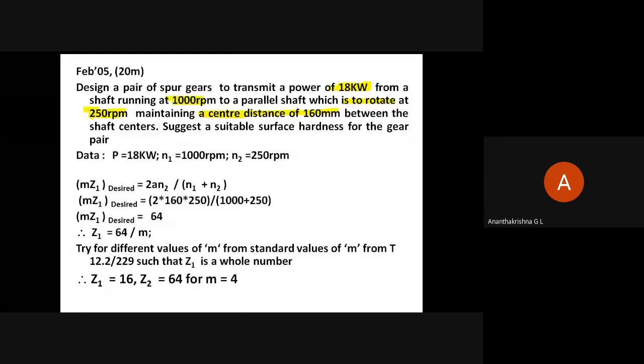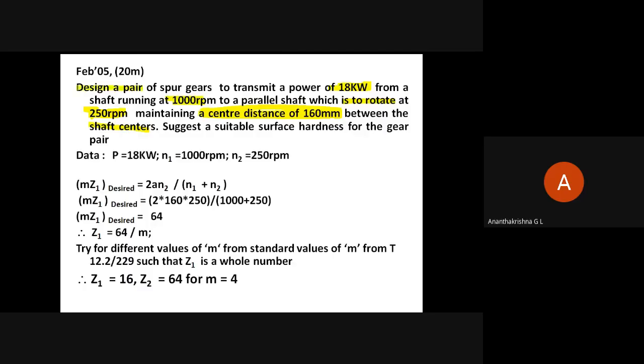This is very important: maintaining the center distance between the shaft centers. Suggest a suitable surface hardness of the gear. So that means you need to design a pair of spur gears.